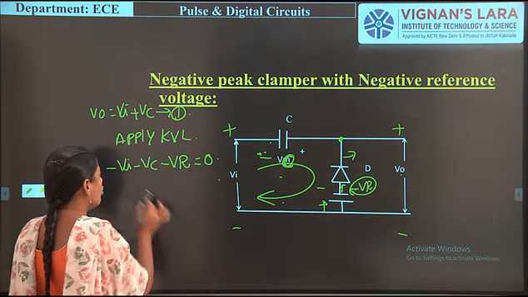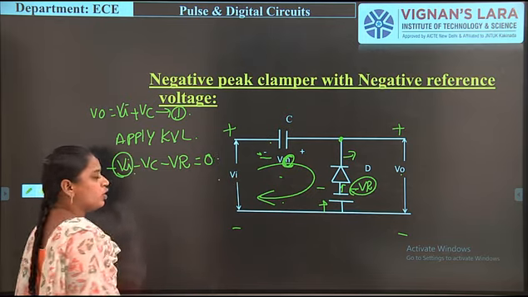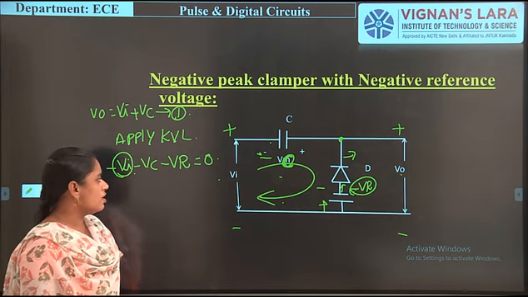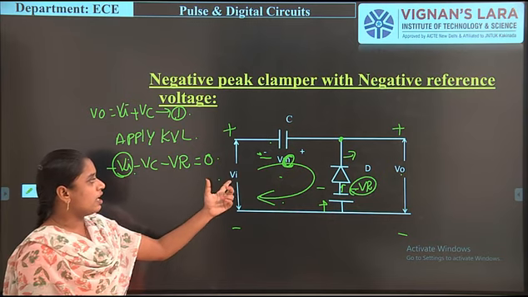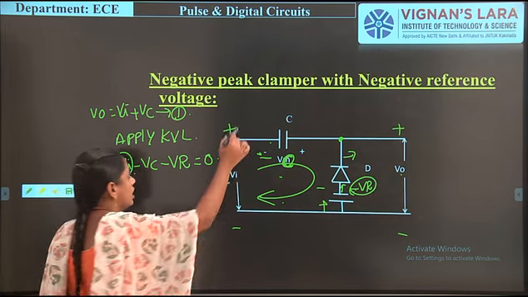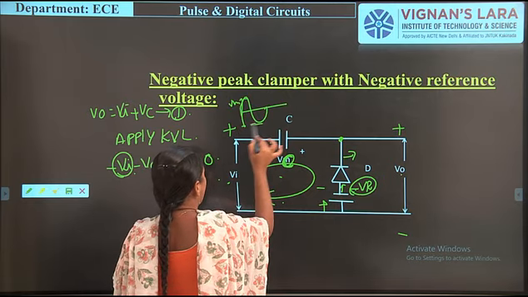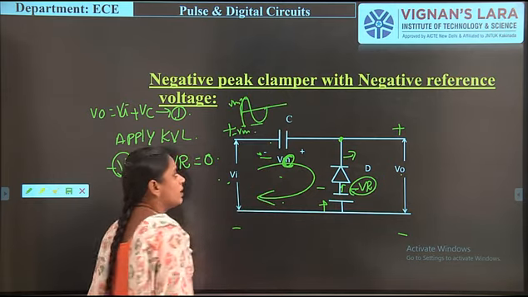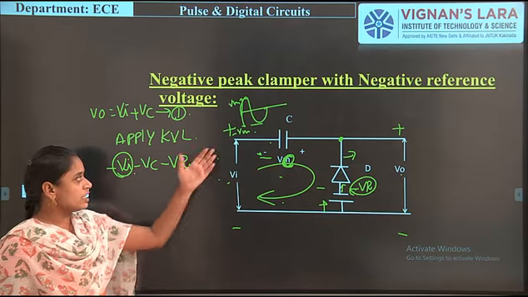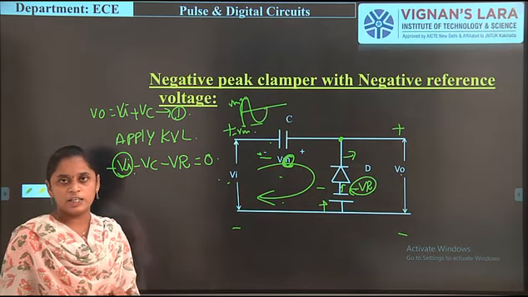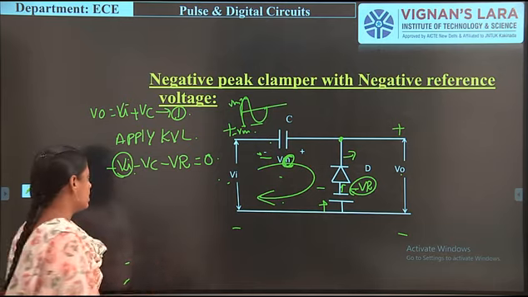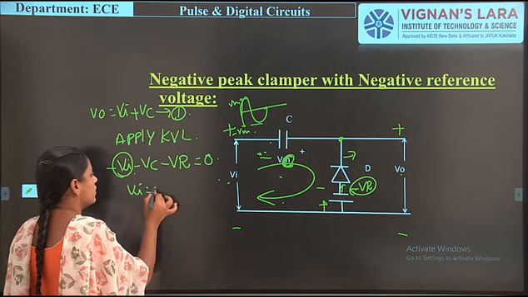In place of Vi, we substitute minus Vm, because the maximum input signal in this direction is minus Vm, and in this direction the diode is in the off condition. So Vi is equal to minus Vm.